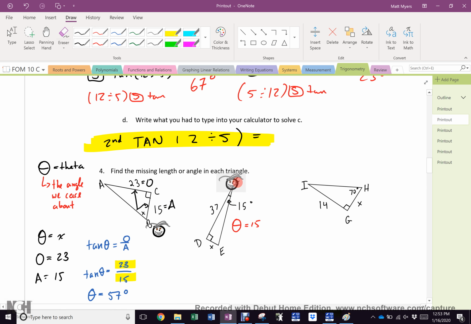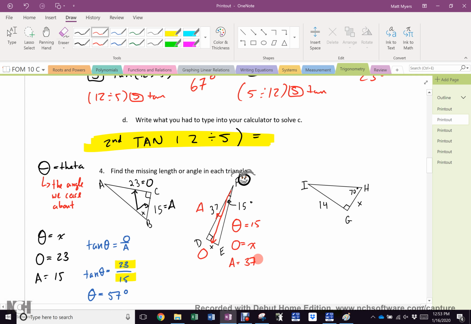Up to theta. So there I am. Which makes this what? Opposite. And makes this what? Adjacent. So theta is 15. Opposite equals what? X. And adjacent equals what? 37.